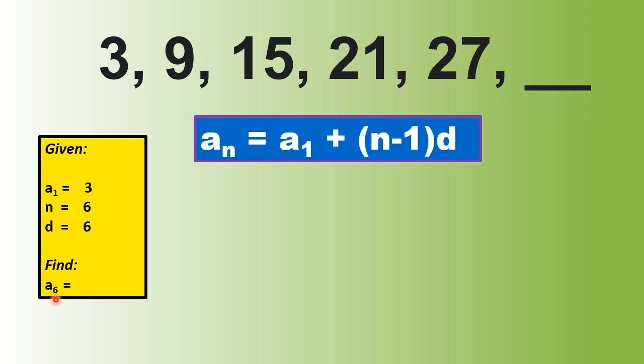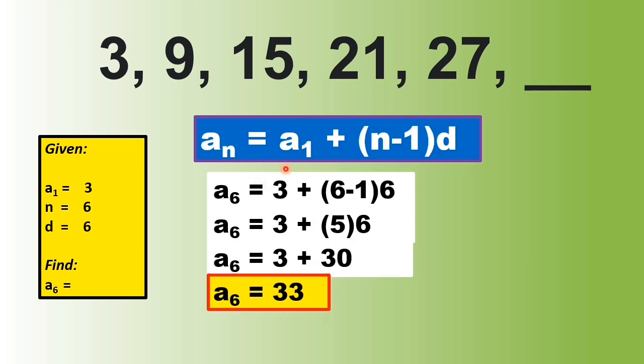So we're going to find the sixth term or the a sub 6. Plug in these values in this formula. So we have a1 is 3, n is 6, and the common difference is 6. If we solve this, a sub 6 is equal to 33. So the answer is 33.